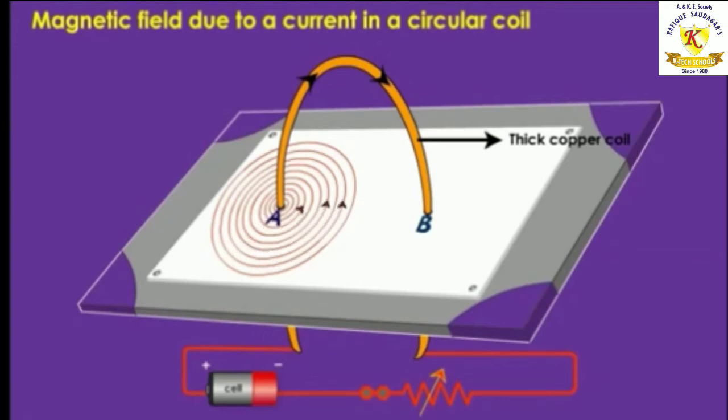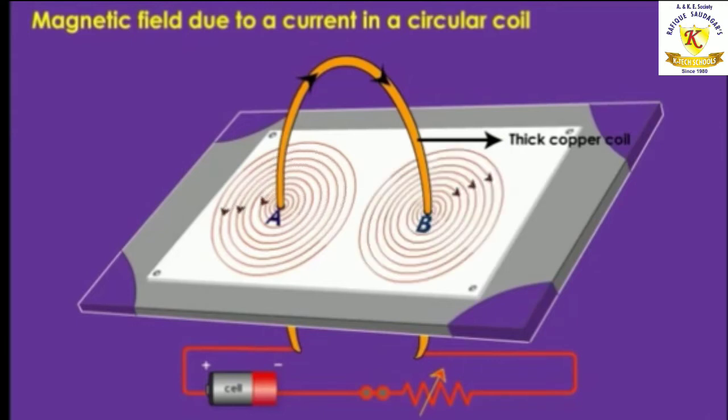However, the magnetic lines of force near the center of the coil become almost parallel. And around the hole at point B, the lines of force are in clockwise direction. Can you observe, children?